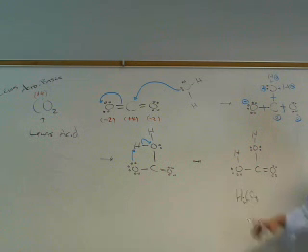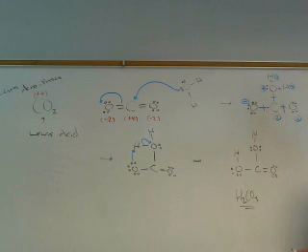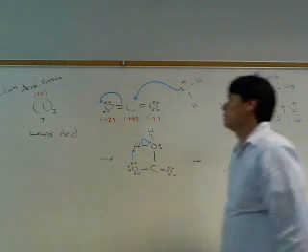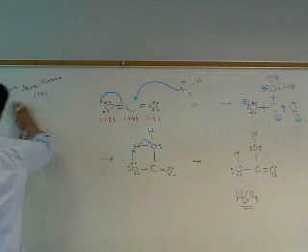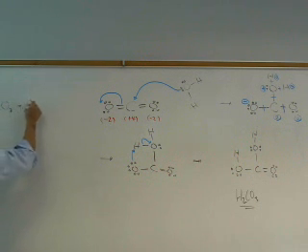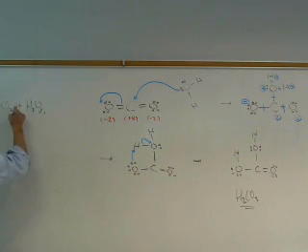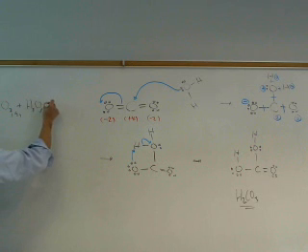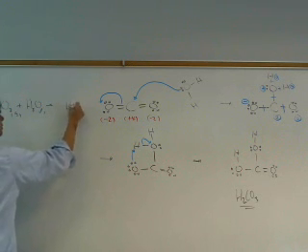I didn't draw it symmetric, but it is symmetric. And so this is carbonic acid. So let's go ahead and write this out. What happens is CO2 gas plus H2O liquid yields carbonic acid.